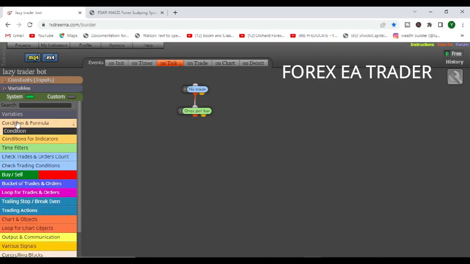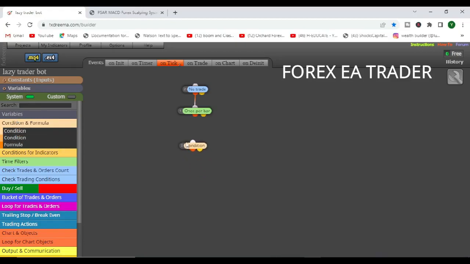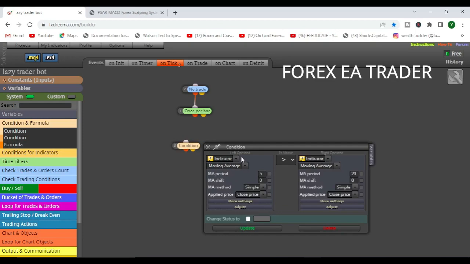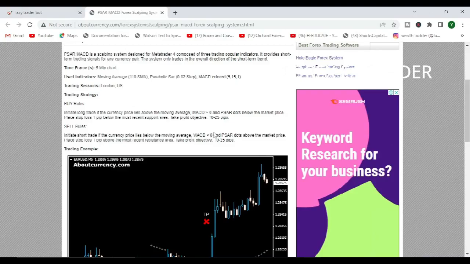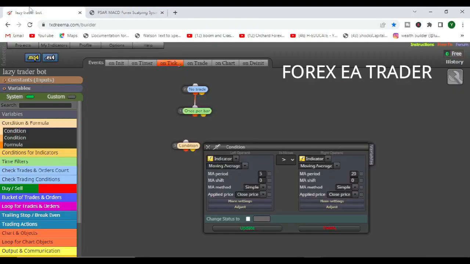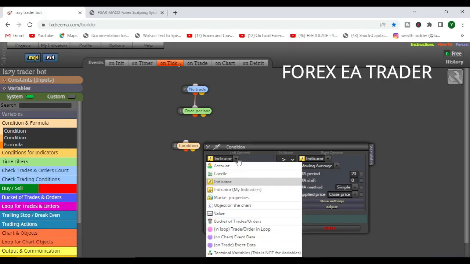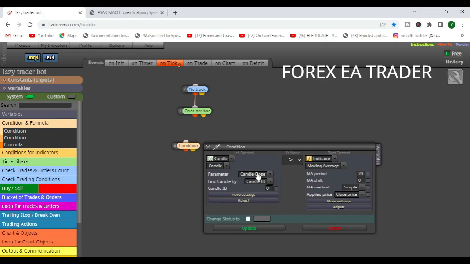Then the first condition that we have is that we need our candles to be above the moving average. So let's just look into that.